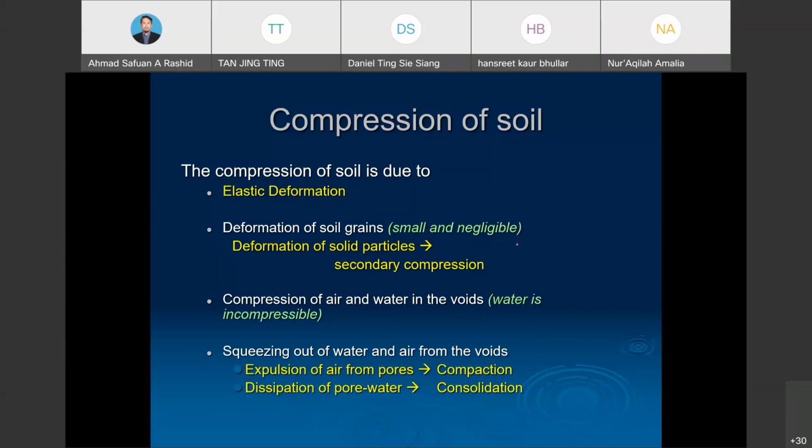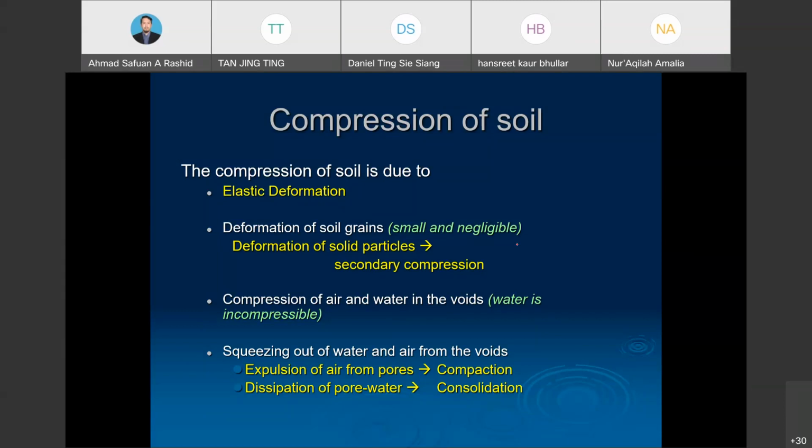The deformation of soil grains is very small and negligible, which only happens under secondary compression.